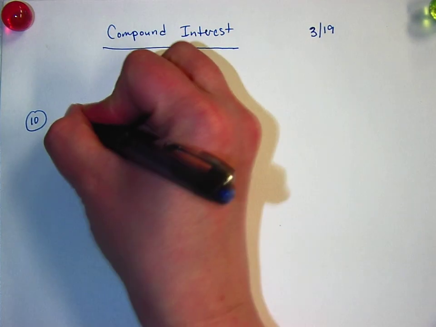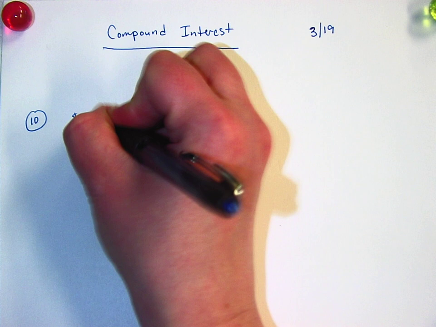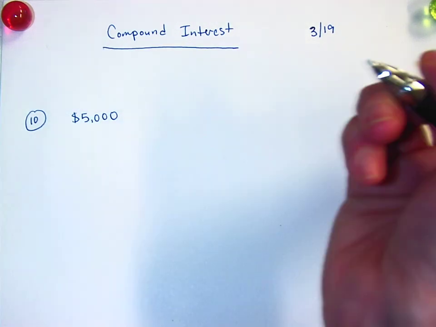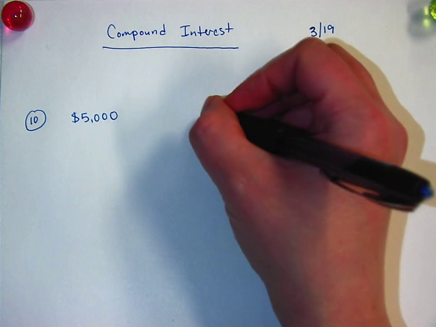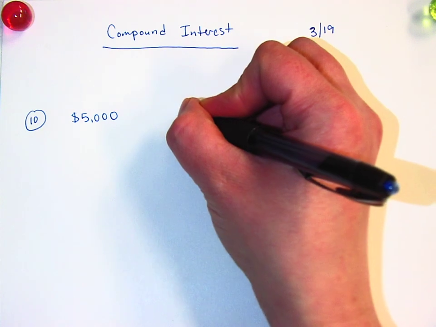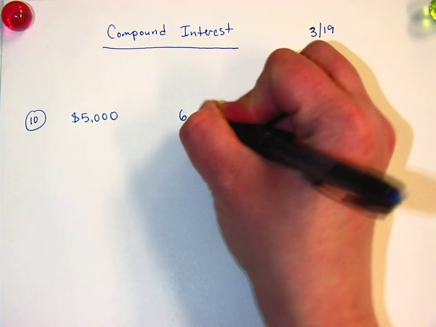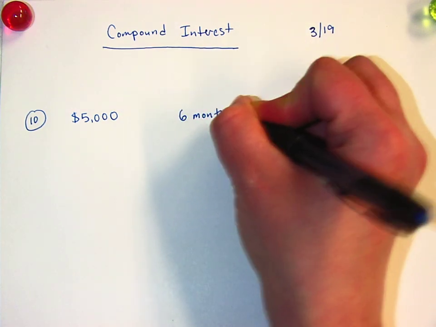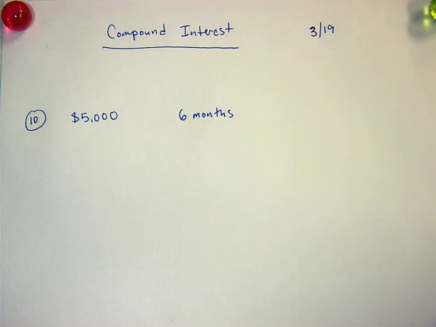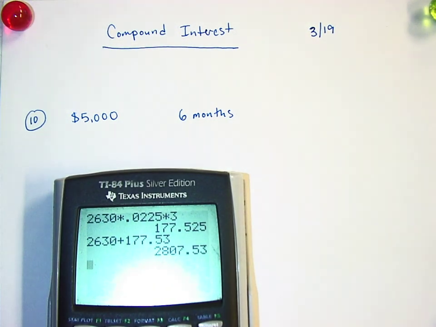So I'm going to start with $5,000. And I'm doing this for 2 years. So after 6 months, how much interest do I get? So I'm going to take my principal times my rate times my time. $5,000 principal times my rate.